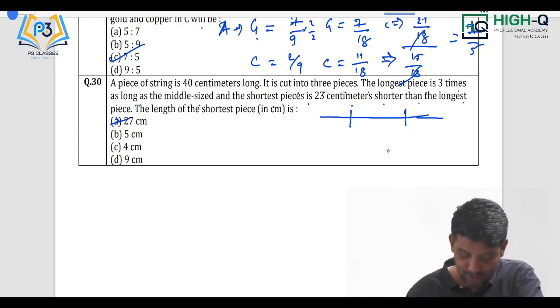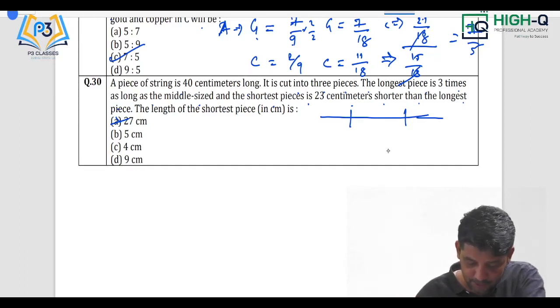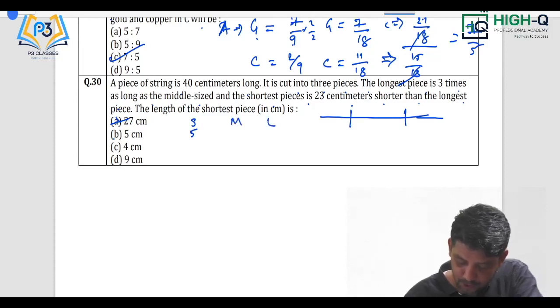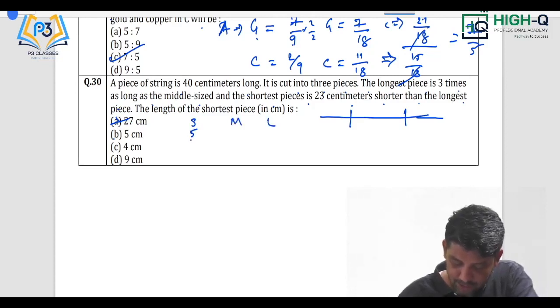So leave it. Okay, now take 5 centimeter. If shortest is 5 centimeter, longest is going to be 28 centimeter. Do you all agree, my dear? Because of the 23 centimeter. Now what is the condition for medium? The longest piece is 3 times as long as the middle sized.